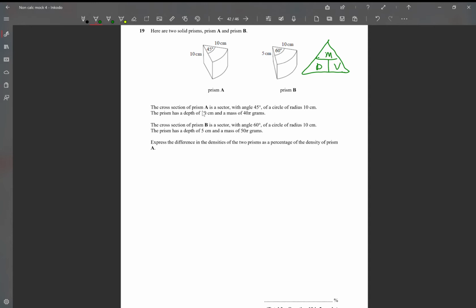So the first thing we need to do is find the volume for prism A. So I would start with A, and then pi times r squared, that's the area of the circle, times height, sorry, after the 10 I should have just got h, and then times that by the angle, so that will be 45 out of 360.